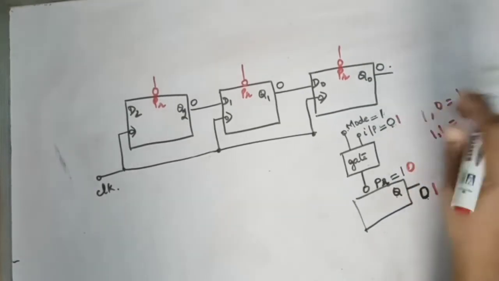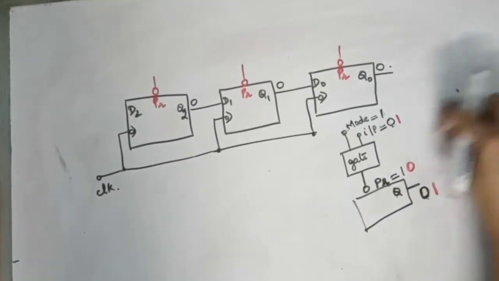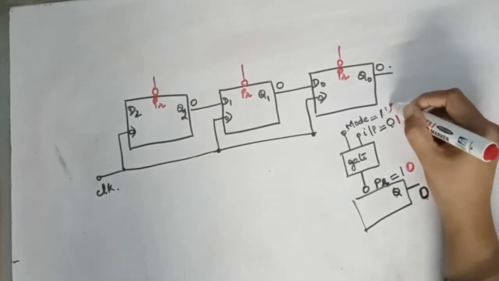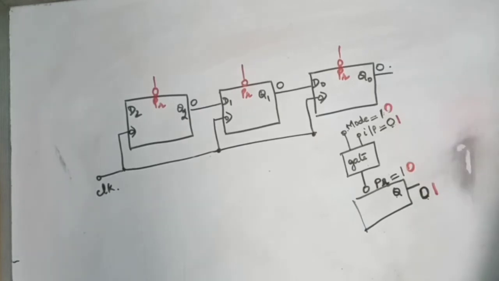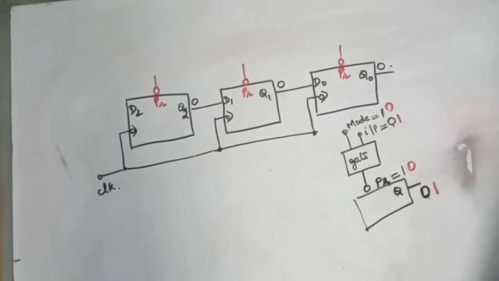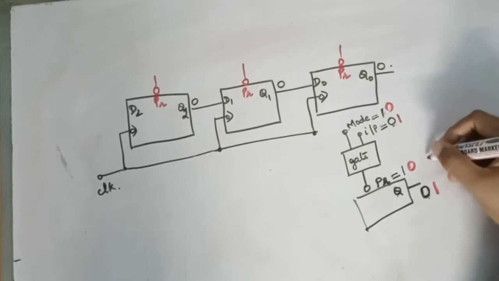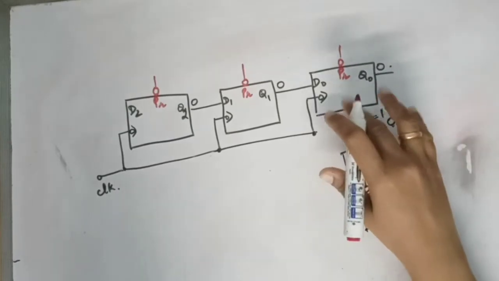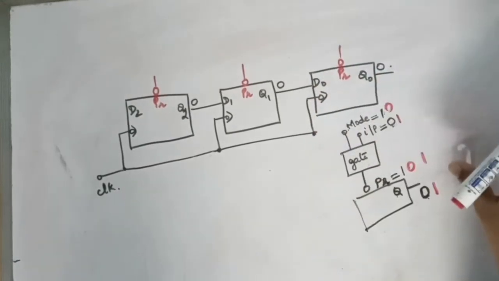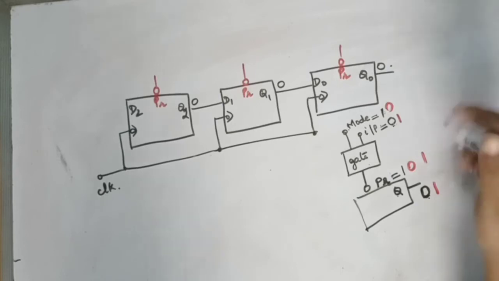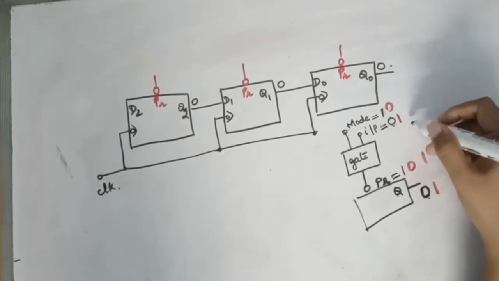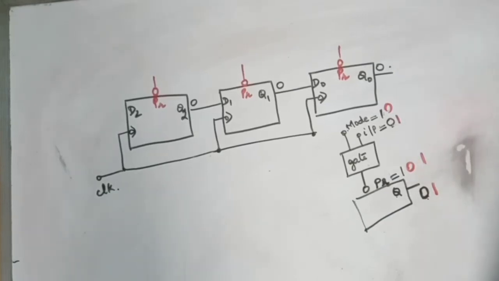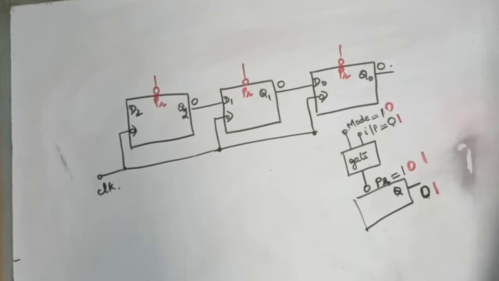If you are keeping mode equal to 0, then the preset should also be 1, because mode 0 means you are not taking the parallel input. Whatever the input, 1 or 0, if mode is 0, preset should be 1. That is 0 0.